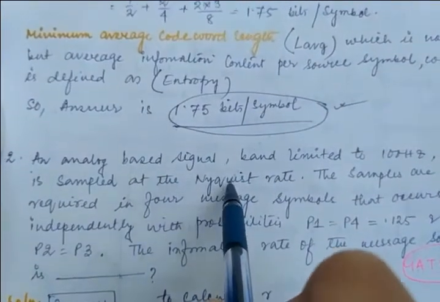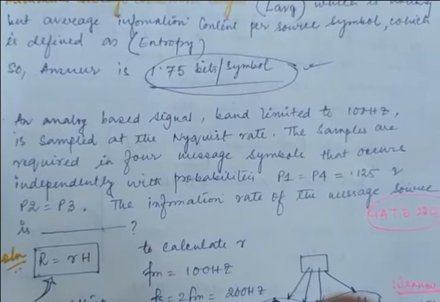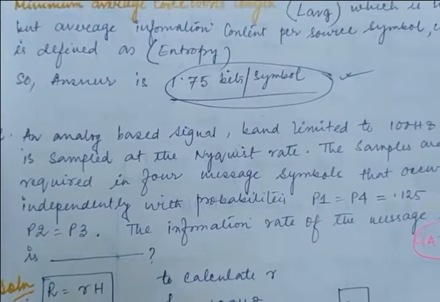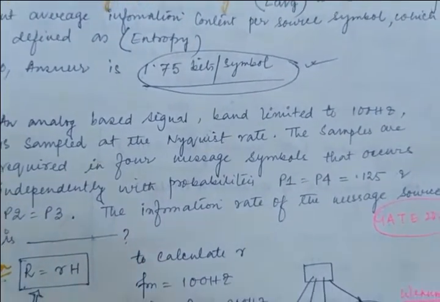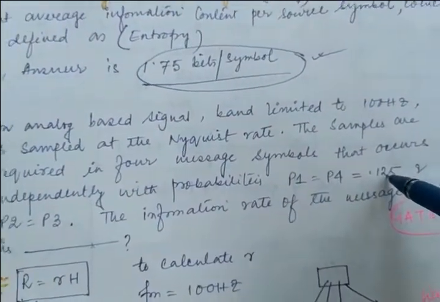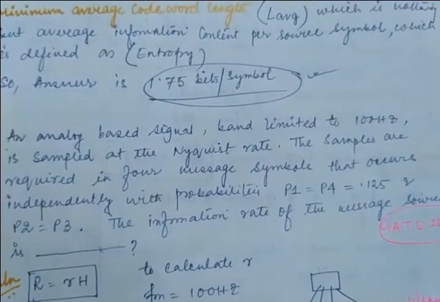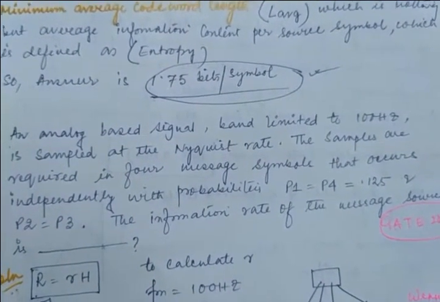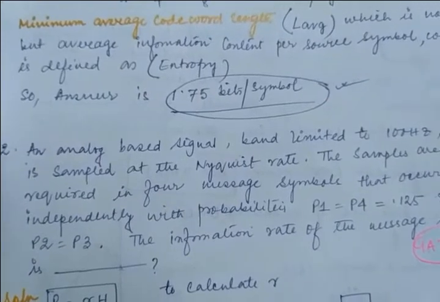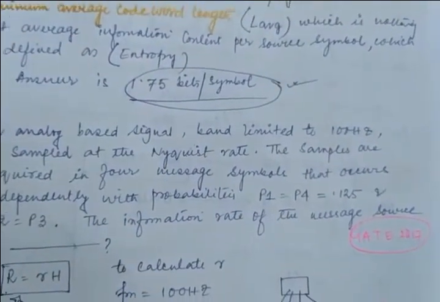So this is the first clue. The samples are required in 4 message symbols that occur independently with the probabilities P1 equal to P4 equal to 0.125, and P2 equal to P3. P2 and P3 values are not given, so you have to calculate the probability value.